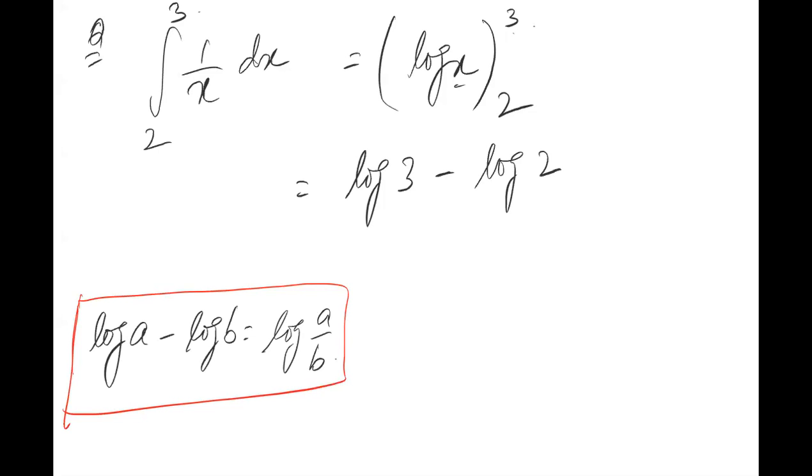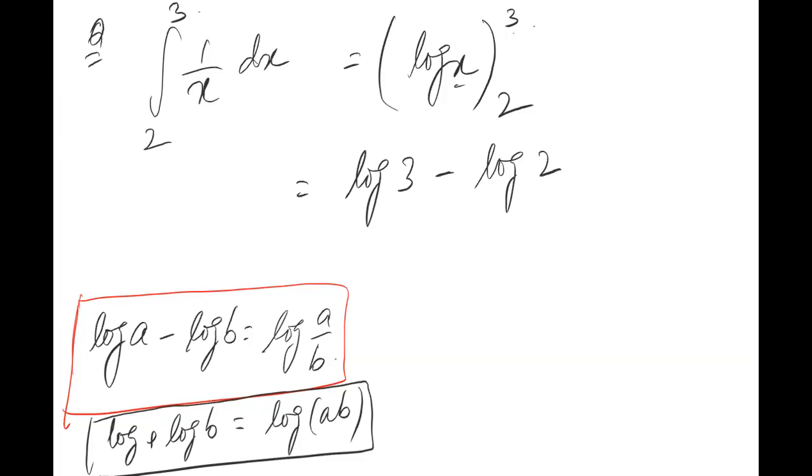Whatever be the case, you just have to remember this fact. Whenever you have log a minus log b, you will write it as log a by b. And if you have log a plus log b, it would be written as log a into b. These are two formulas that you have to remember because they will be used in chemistry also. So that is why we can write this as log 3 by 2, and this will be your final answer.